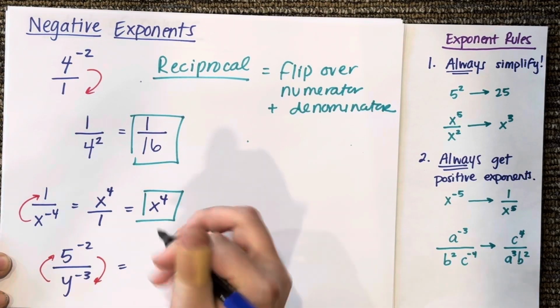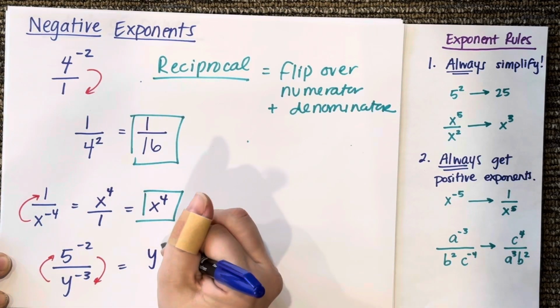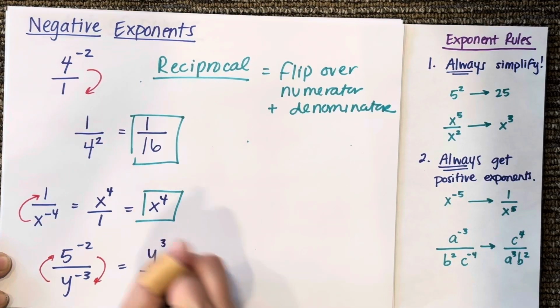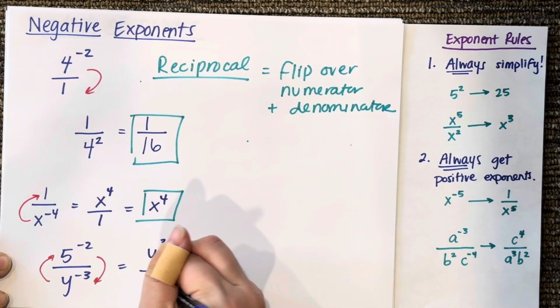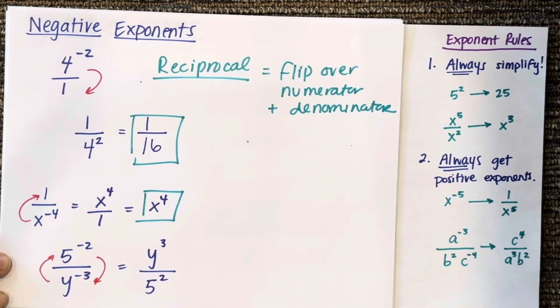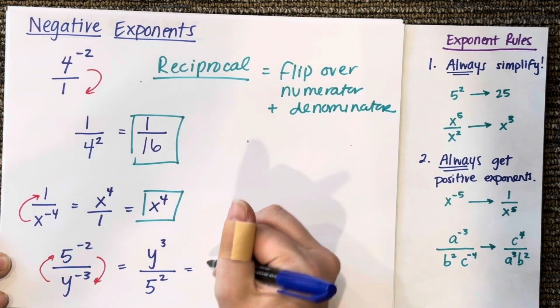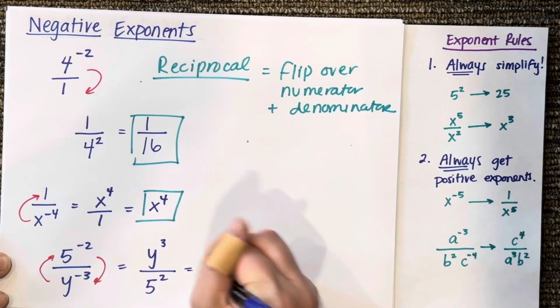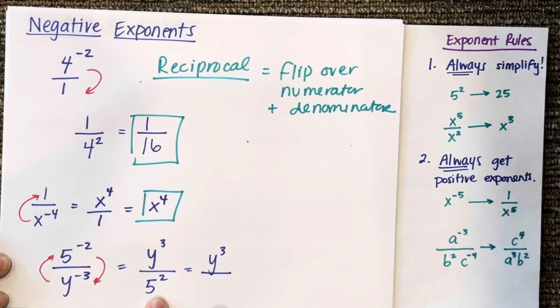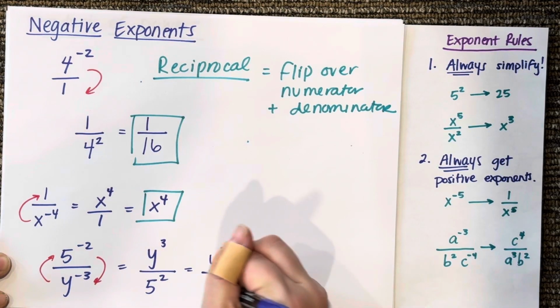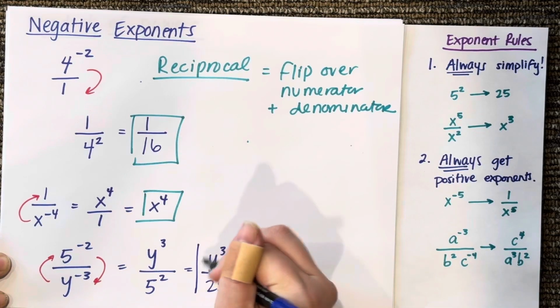So I'm going to have y to the +3rd power divided by 5 to the +2 power. And I'm not quite done yet because I didn't simplify. So if I was getting this correct and most simplified, this would be y cubed divided by 5 squared, which is 5 times 5, which is 25.